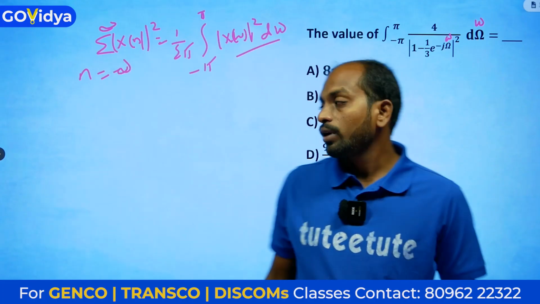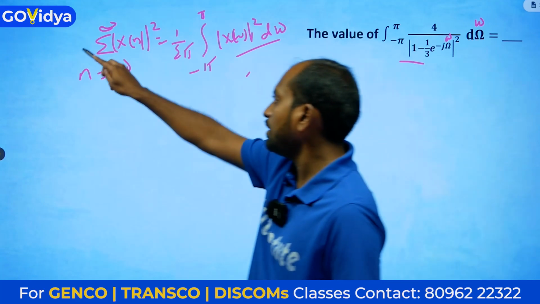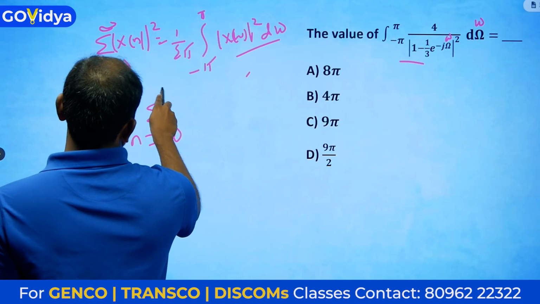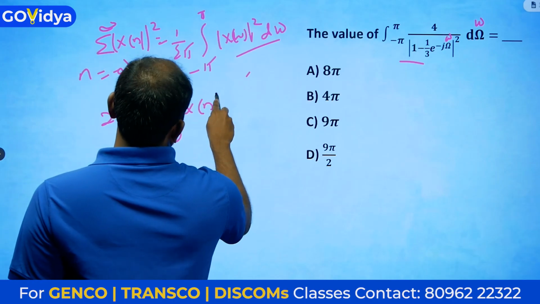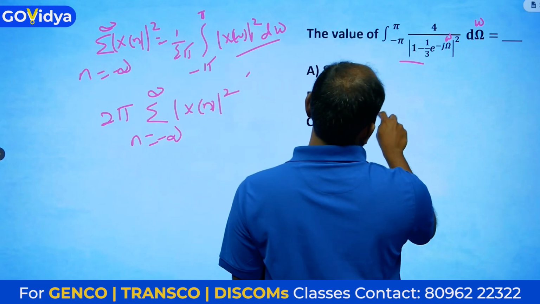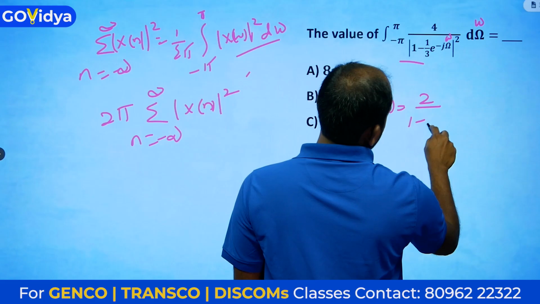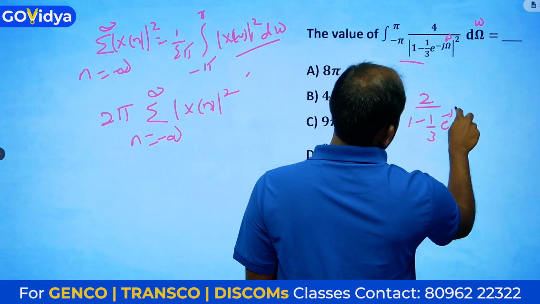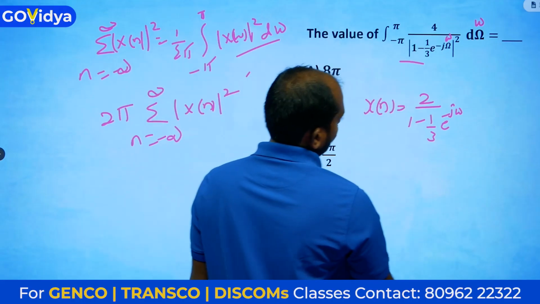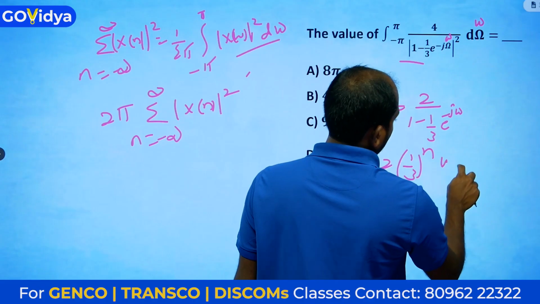Look at this equation and that equation, both are the same now. Just 1 by 2 pi is the extra term. If you multiply, 2 pi into summation n equal to minus infinity to plus infinity modulus of x of n whole square. What is x of n now? For 2 by 1 minus 1 by 3 e power minus j omega, x of n is nothing but 2 into 1 by 3 whole power n into u of n.